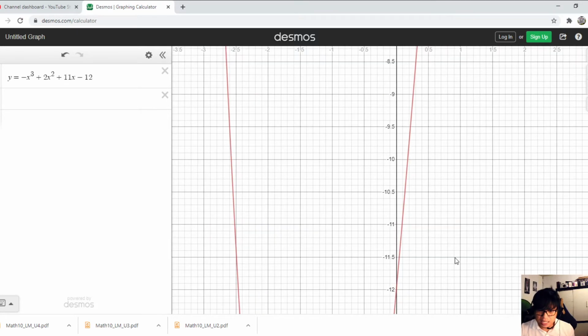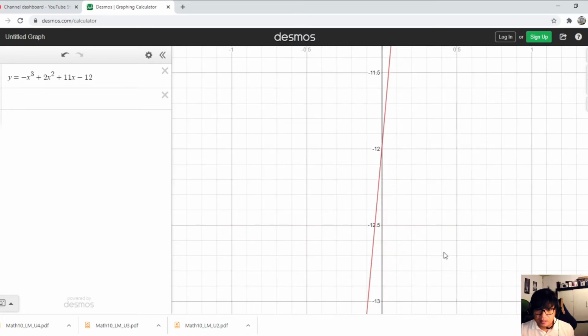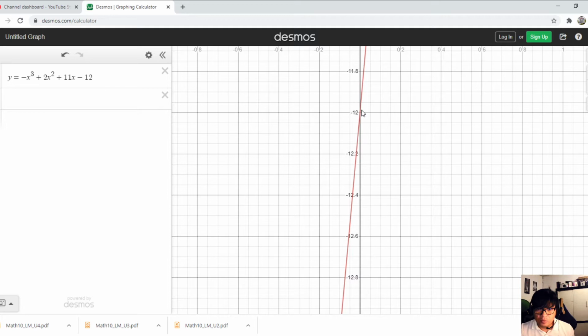As you can see, it crosses at point 0, negative 12. Yan o. Negative 12 dito. This one. So, yan yung point of intersection ng graph pati ng Y-axis.